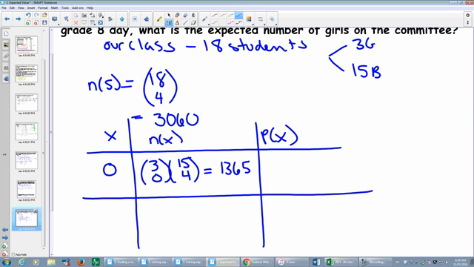Mitchell, what would be the probability of choosing 0 girls? We'll write it as a fraction. Very good. And what do I get for a decimal there? We'll round to 4 decimal places. Very good, 0.4461. Spencer, I want to pick one girl.